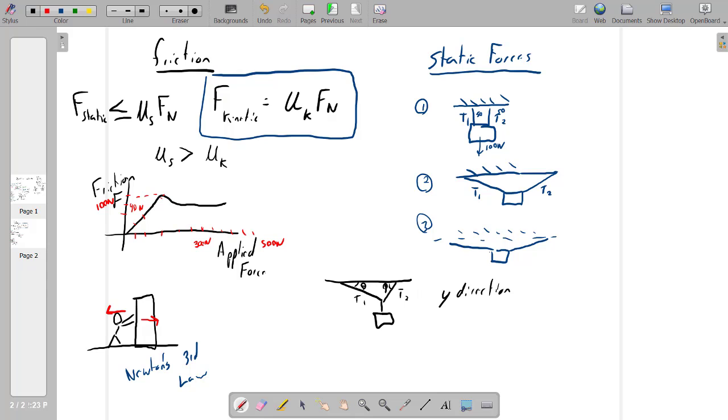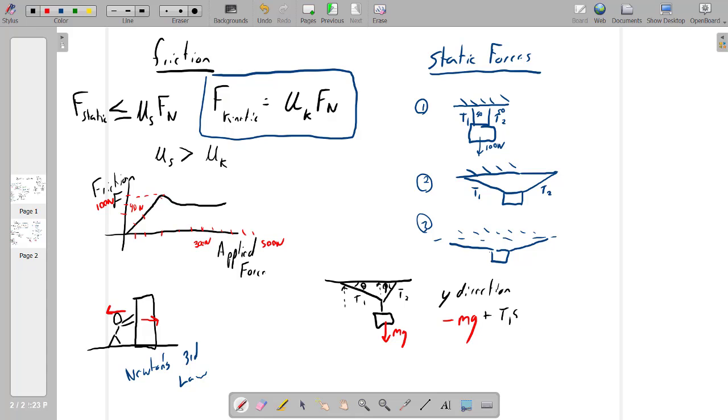In the y direction, I'm going to have gravity going down, so I can say negative mg. I have to use some trig functions here again. So I'm going to have plus T1, and in the y direction I only care about this component, the opposite side.